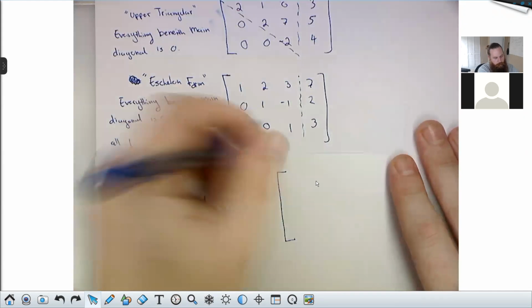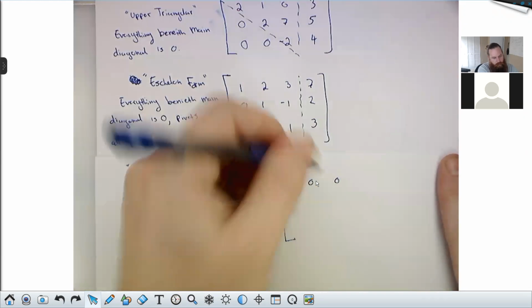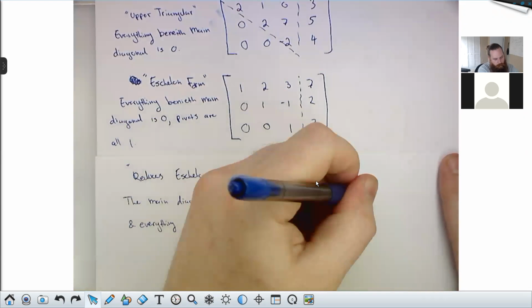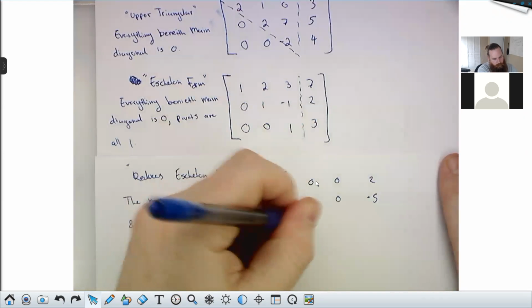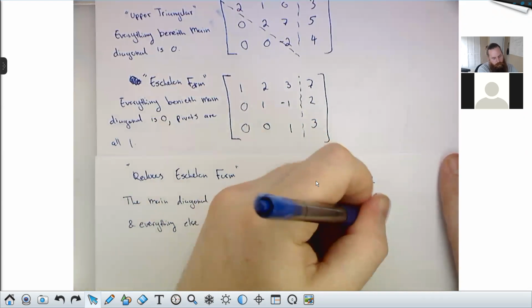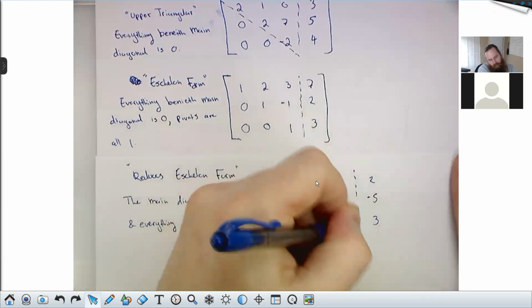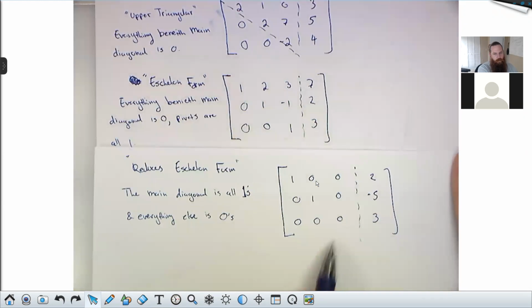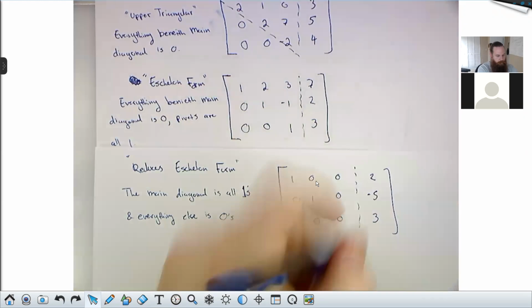So for example, like 1, 0, 0, 2, 0, 1, 0, negative 5, 0, 0, 0, 3. So this is in what's called reduced row echelon form. Oh, sorry, this should be a 1.